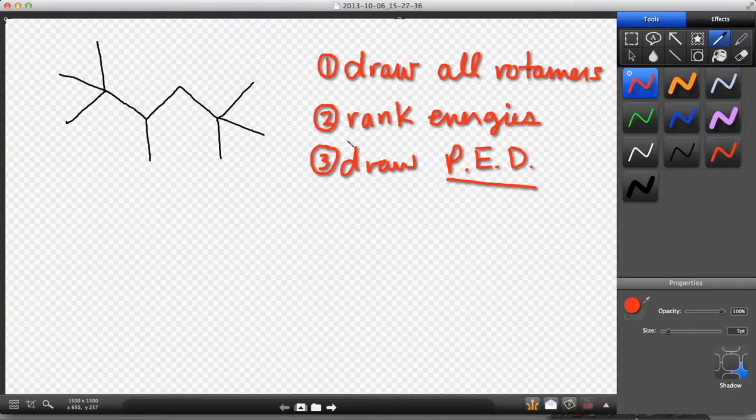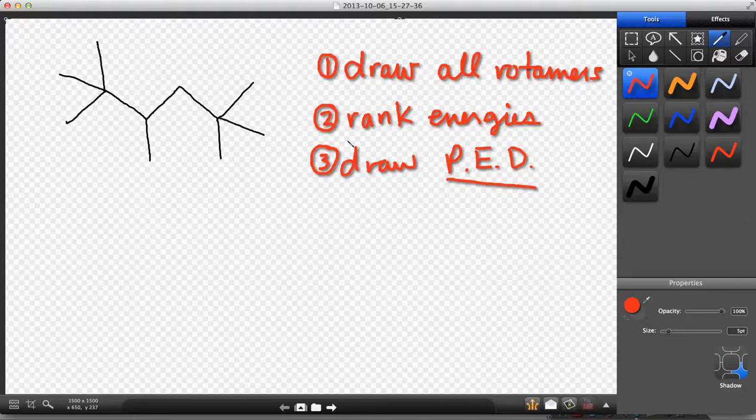It's a fairly comprehensive problem. You should expect it to take you about 15 minutes to complete this problem. But certainly this is a good one to start with so that you can assess your level of mastery on drawing these types of isomers.